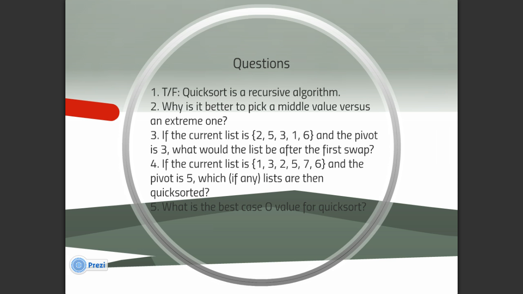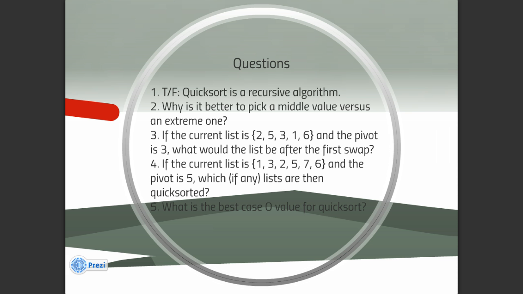It depends on the pivots afterwards. With each quick sort, you have to have a pivot for each, right? After you're done with that, you quick sort the lower end using more pivots. So it's going to quick sort 1 3 2, and then it's going to quick sort 7 6. Does that make sense?